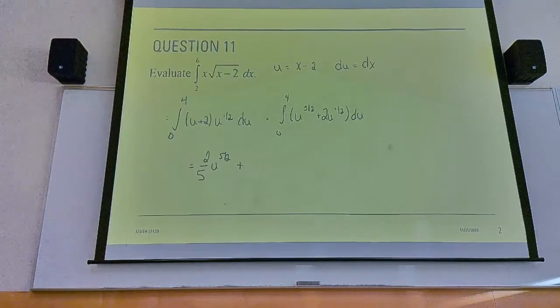Well, that's with the 2, without the 2. So ignore that 2. It's just u to the 1 half. What's the antiderivative? And then multiply by that 2. That will be evaluated from u equals 0 to 4.